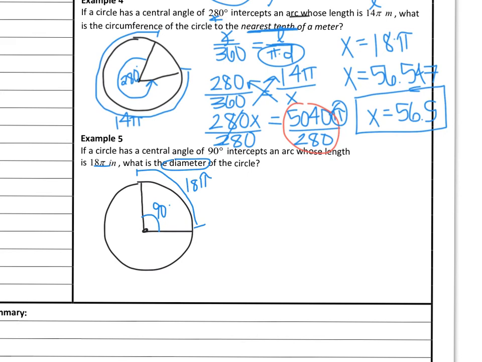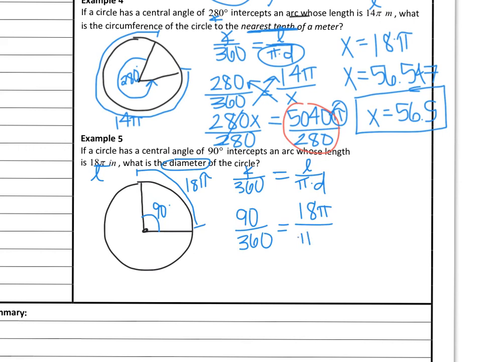So we're going to plug in everything that we know to our formula. Pi times d, except for the diameter. Okay, so our angle we know is 90 over 360 equals, our arc length is 18 pi, so I'm going to plug in 18 pi all over our diameter, which we don't know, so pi times the diameter.